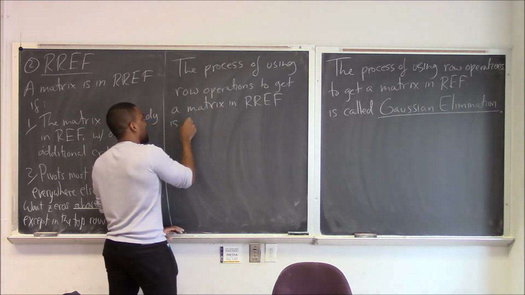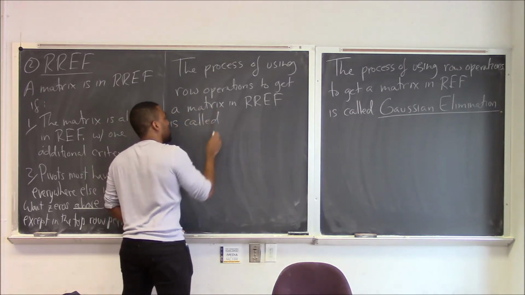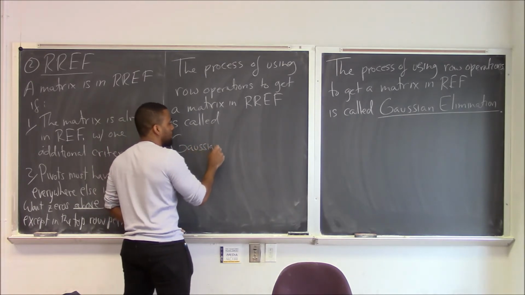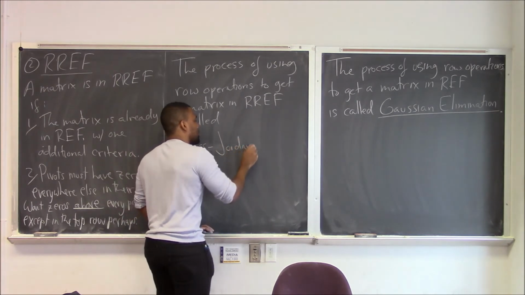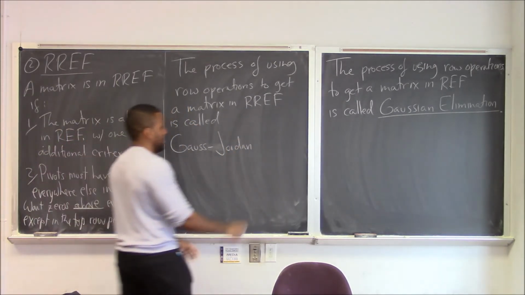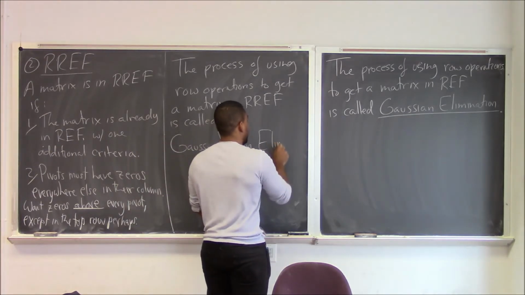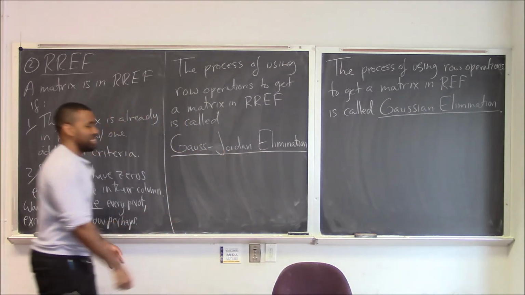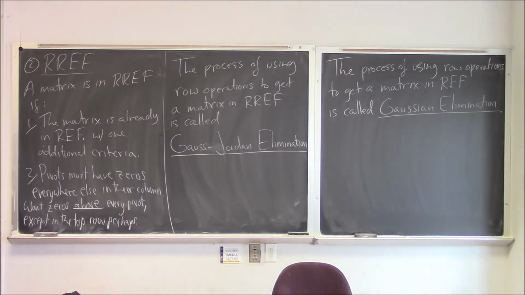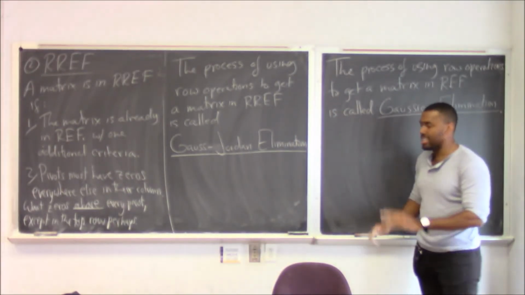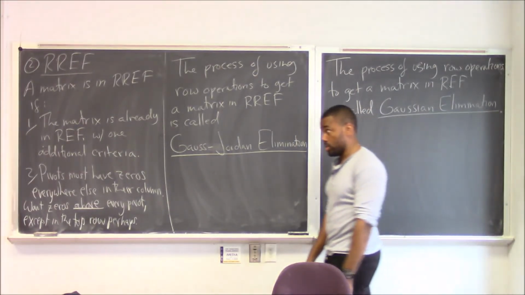And this extra step, if you perform it, you say you're performing Gauss-Jordan elimination. The power of two mathematicians, not just one. It's like you tag team and you bring in that extra step. So now it's as efficient as possible. You can't get in a better form than this as far as solving a solution is concerned.